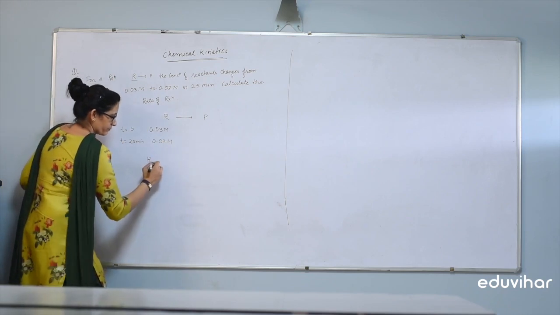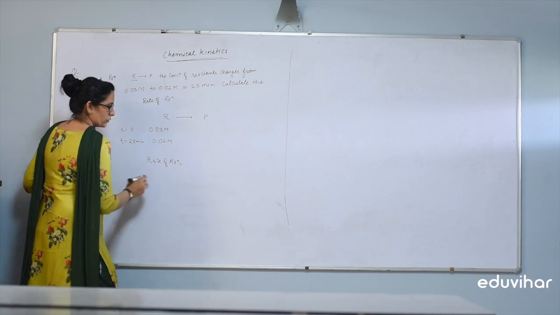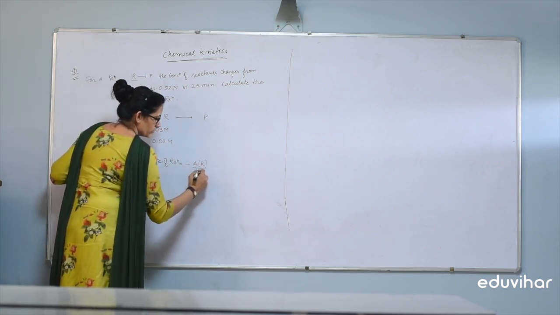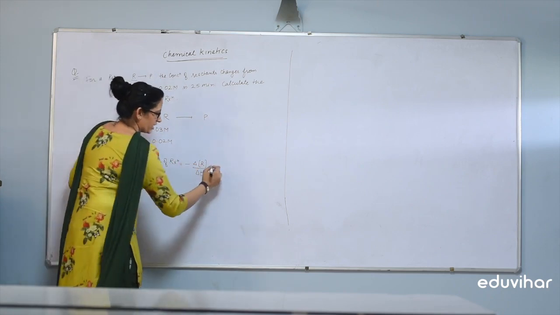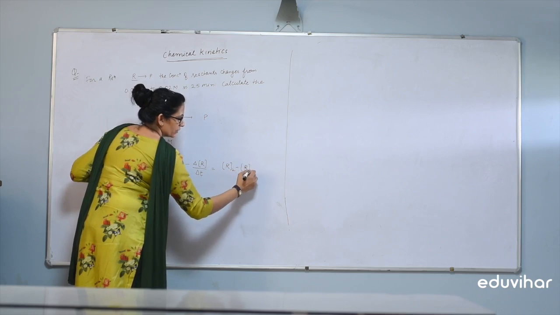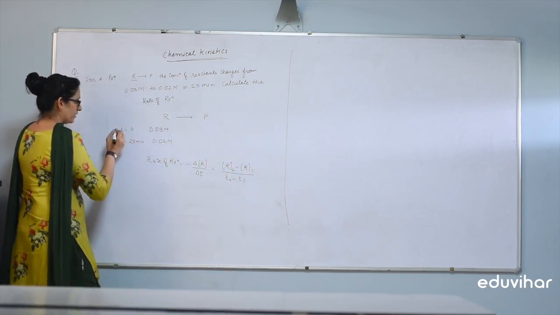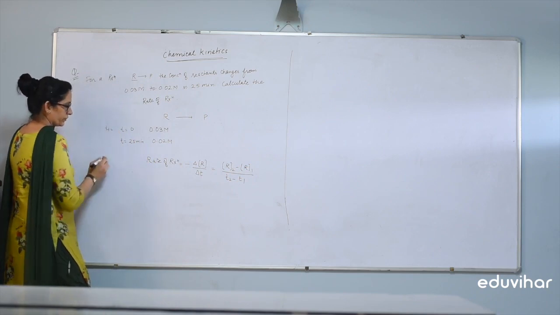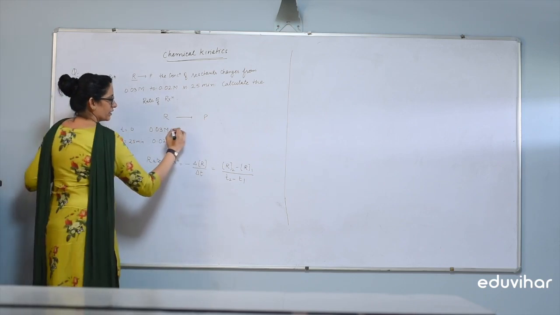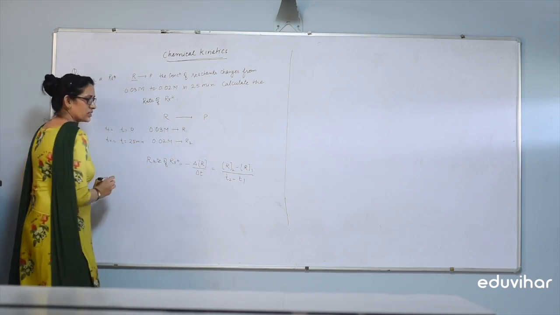The rate of reaction is equal to change in concentration of reactant with respect to time. That change can be represented as R2 minus R1 divided by T2 minus T1. We have T1 as 0, T2 as 25 minutes, and this is our initial concentration and this is our final concentration.